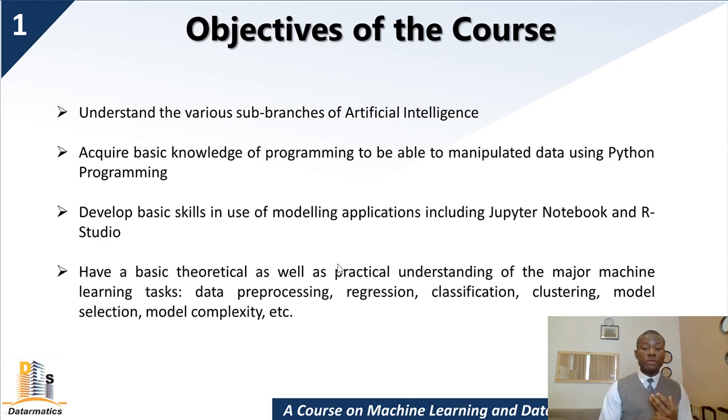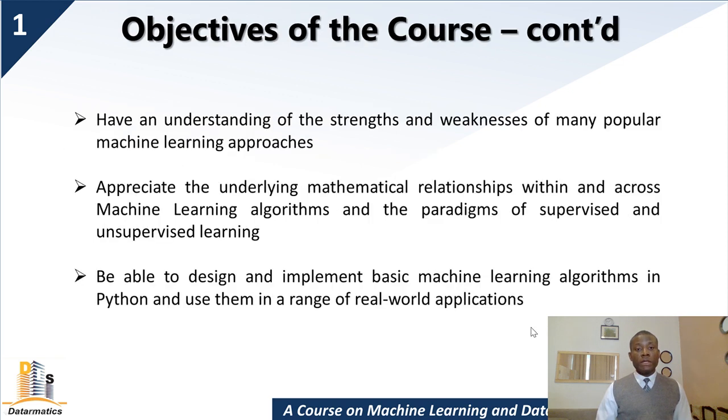For instance, you should learn about what it means to pre-process data, what is a regression analysis, what is classification, how do you use it to get information and insights from data, cluster analysis, model selection, model complexity, bias and variance trade-off, and so on and so forth. These are concepts that you need to know as the basic concepts when you are studying data science or machine learning.